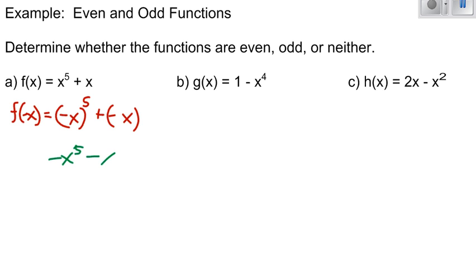And then plus a negative x, it's the same as minus x. Since all the signs changed from positive to negative, that means f of negative x equals negative f of x, which means it is an odd function.